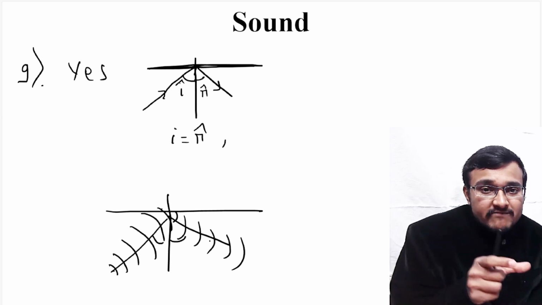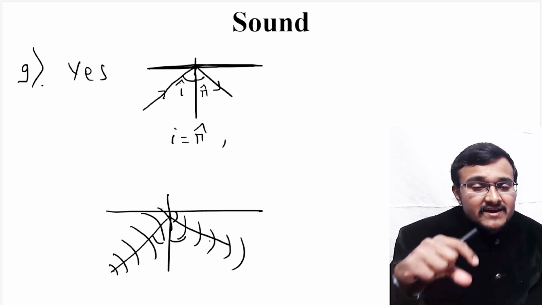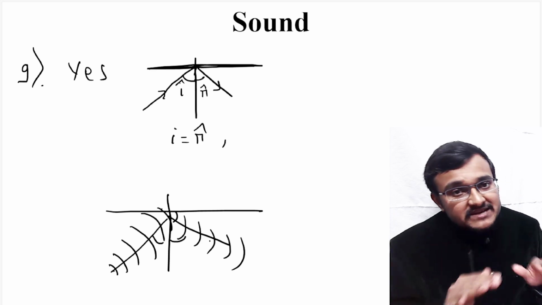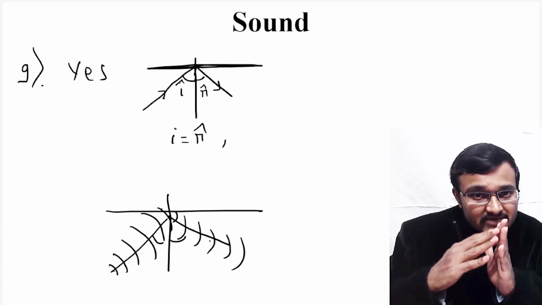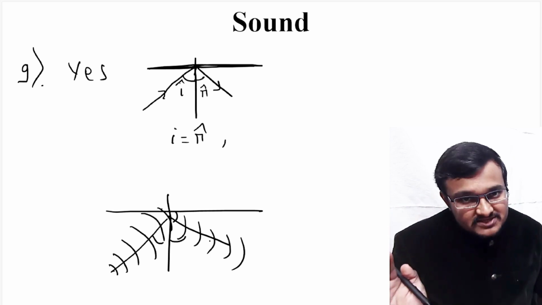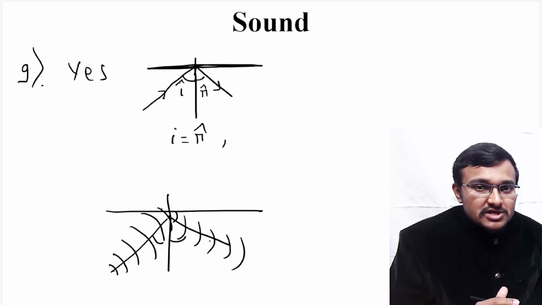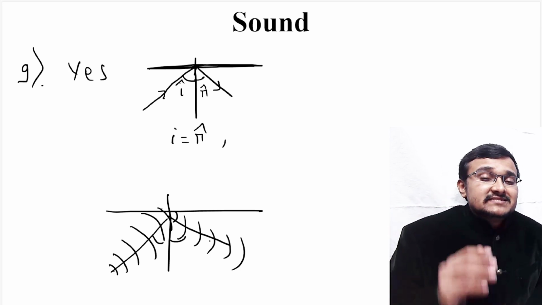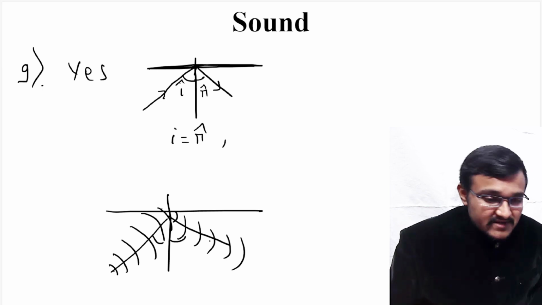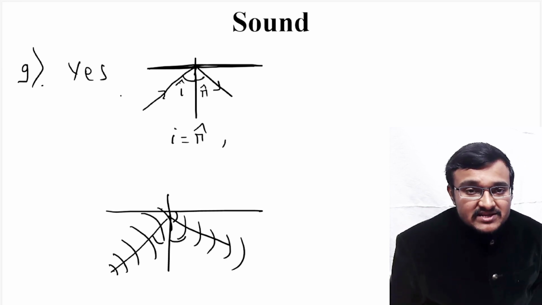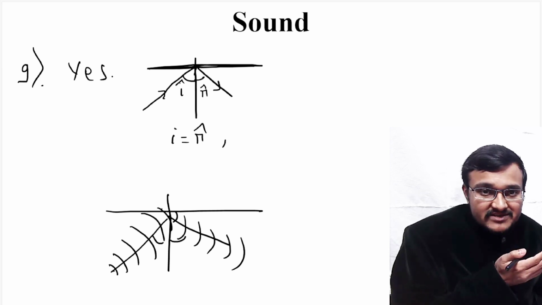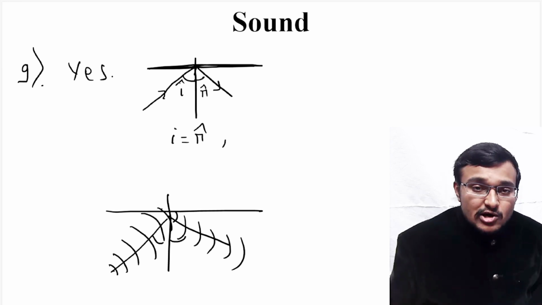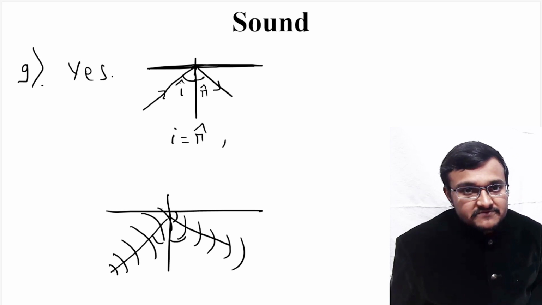So the incident sound wave, the reflected sound wave and the normal lie on the same plane, and the angle of incidence and the angle of reflection of the sound wave are equal. These are the two laws applicable for sound waves as well. You can explain that in your own words. For more detail you can refer to my previous video where I have explained the laws of reflection of sound waves.